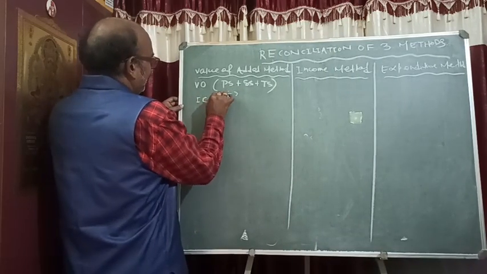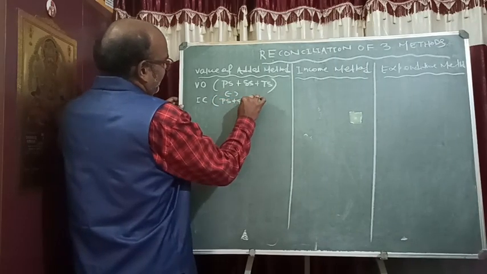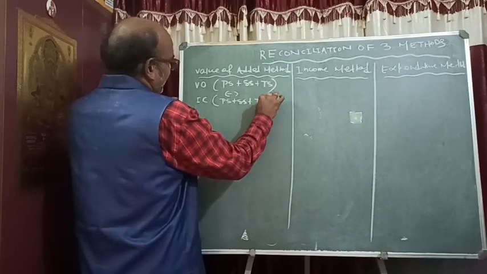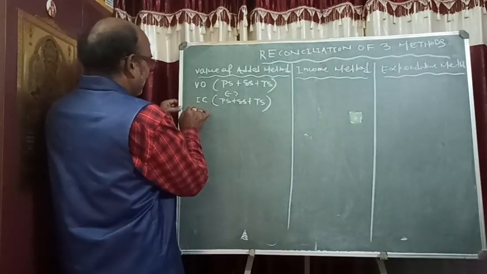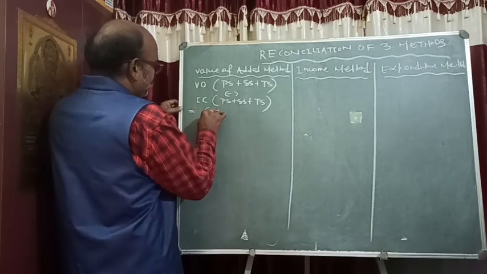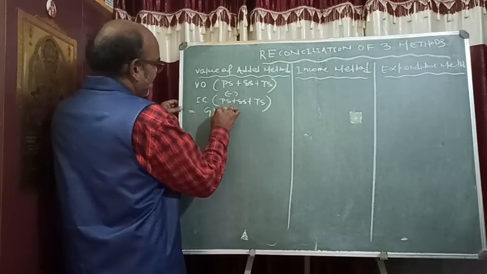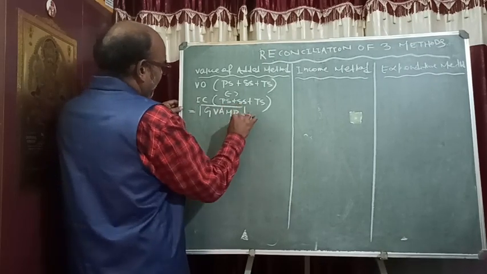Intermediate consumption of primary sector plus secondary sector plus tertiary sector. So value of output minus intermediate consumption of these three sectors. What do you get? You get GVAMP, that is gross value added at market price.